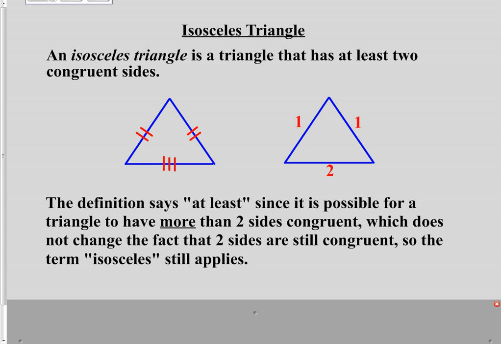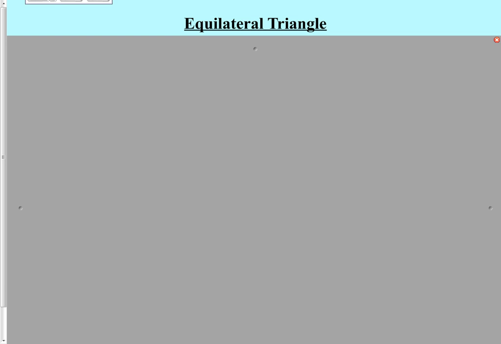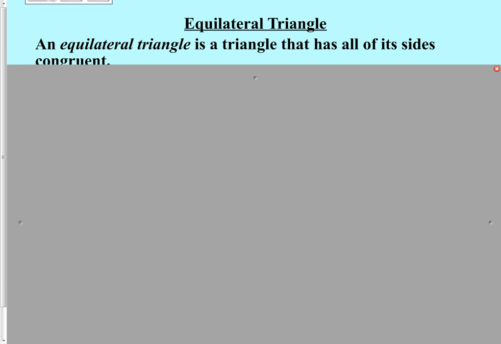However, when a triangle does have three sides congruent, we have a new name for it as well, and that name is equilateral. I can't remember if we've mentioned this one this year or not, but if not, here it is. The prefix equi, once again, means equal, and lateral means away from the middle. If you think about a polygon, what is away from the middle of the polygon? Those are the sides. So equi, meaning equal, lateral, meaning sides: equal sides.